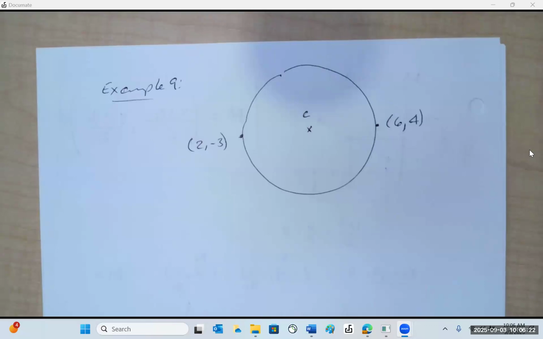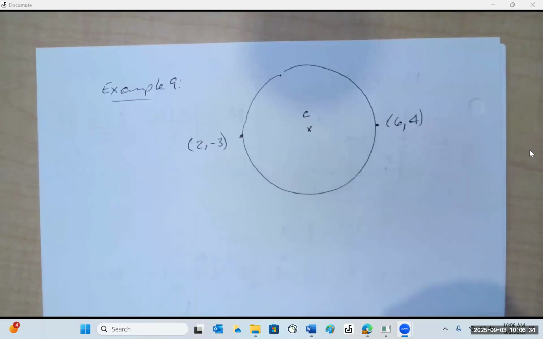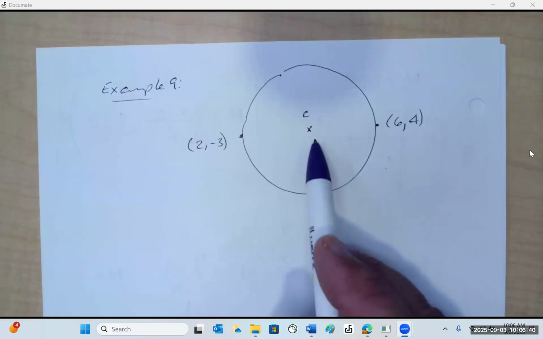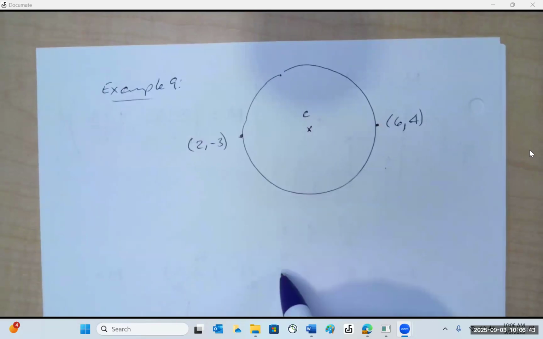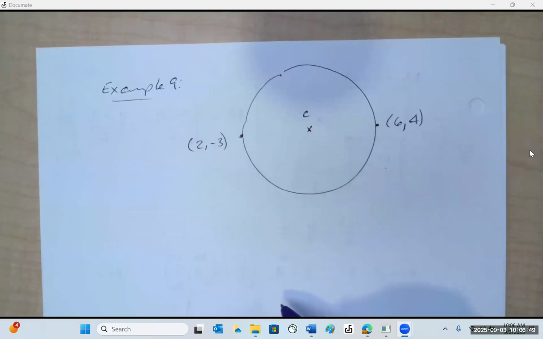So what formula are you going to use? Remember, these are opposite sides of the circle from each other. So the center would be where on those 2 points? The center would be the midpoint between those 2 points.